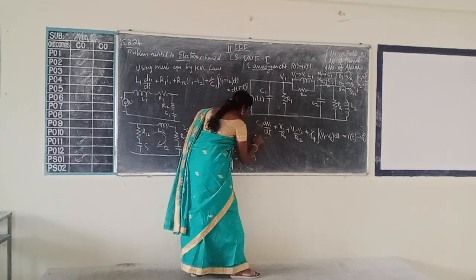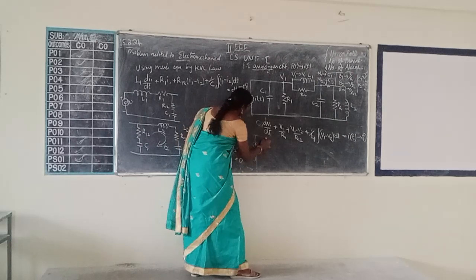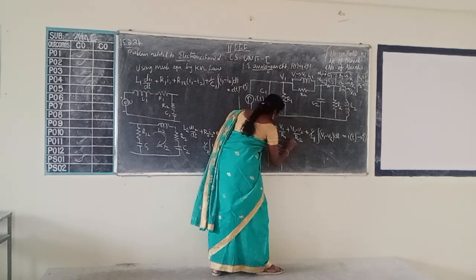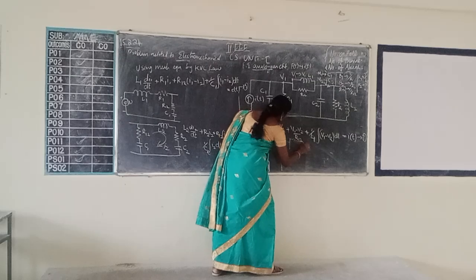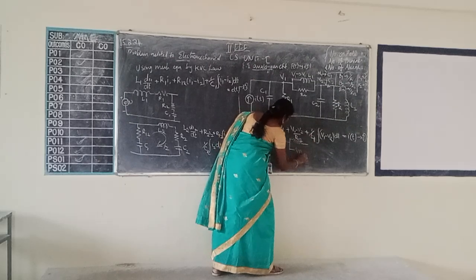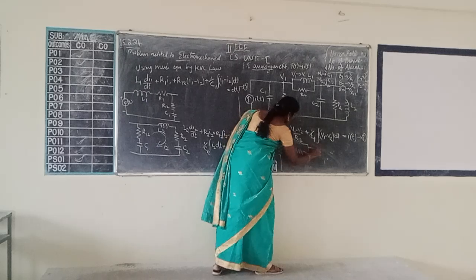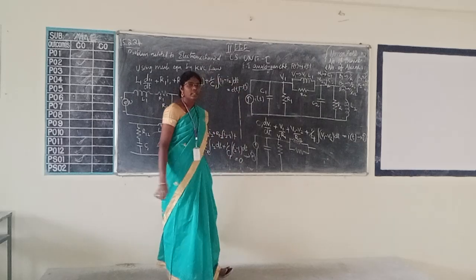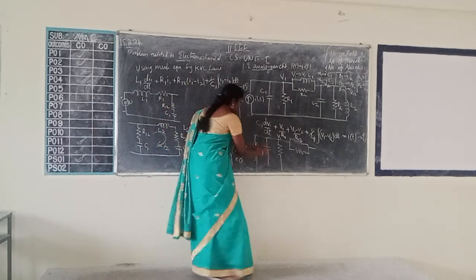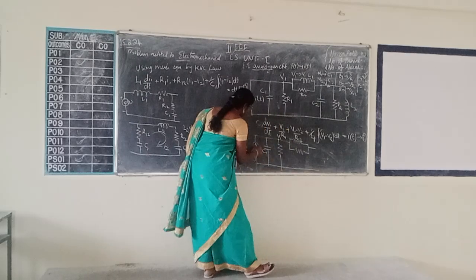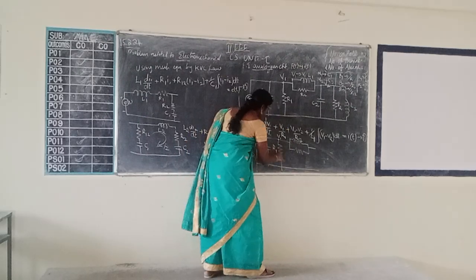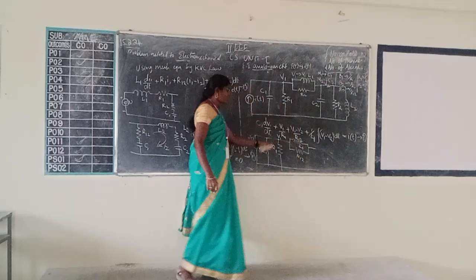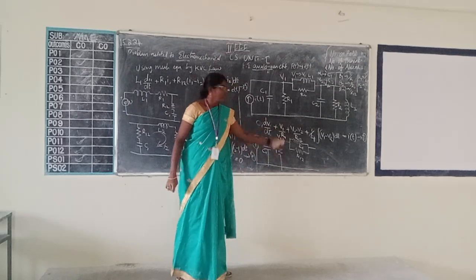We will draw the current source and a parallel connected capacitor, resistor, and commonly parallel connected inductance as well as resistance R. So first we have seen node 1, that is voltage V1, with C1, R1, R12 and L1. This is the second diagram, which we have to draw from equation 7.